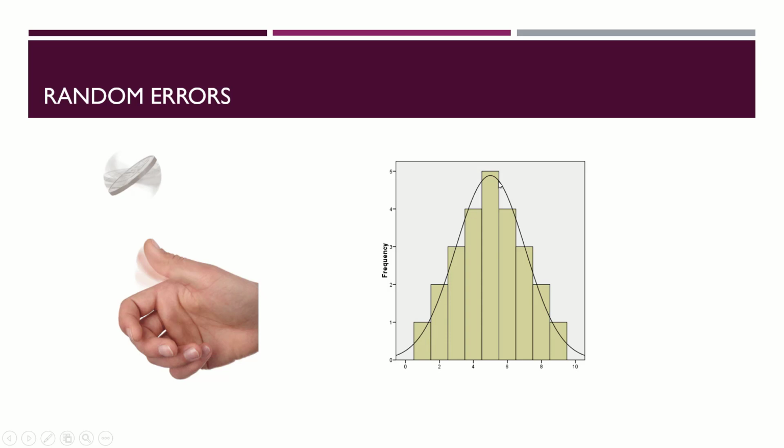So that's only 20% of the times. 40% of the times you get 4 heads and 6 tails. 40% of the times you get 6 heads and 4 tails. 30% of the times you get 3 heads and 7 tails. 30% of the times you get 7 heads and 3 tails, and so on.